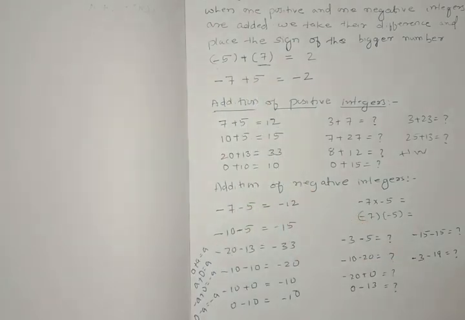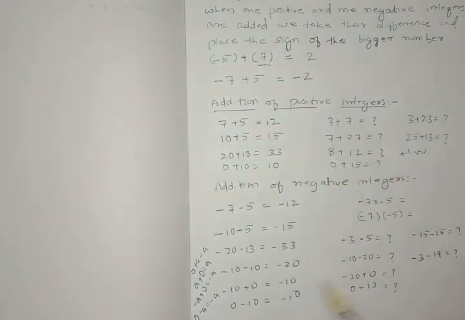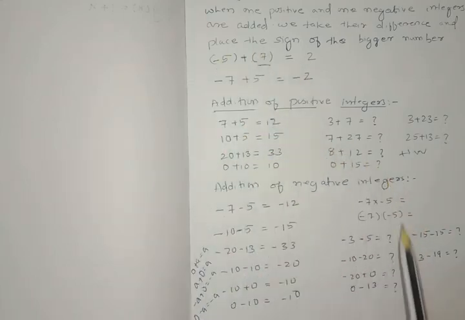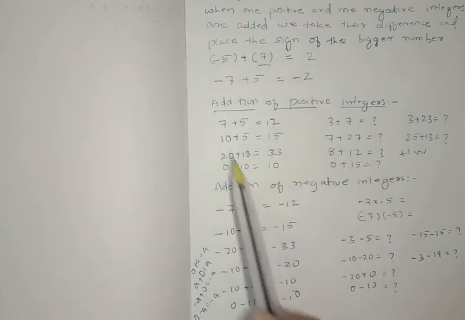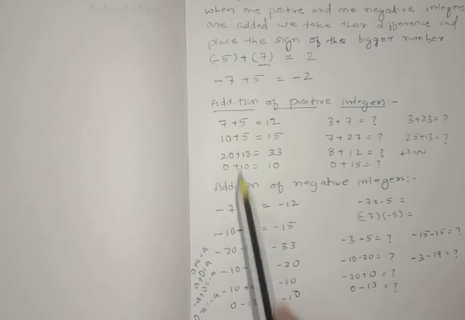We have taken only 2 examples here. We will take more examples like this in the next class. I hope you understood whatever I explained in addition of positive integers and addition of negative integers. Solve these questions, become perfect in it. It is very important.